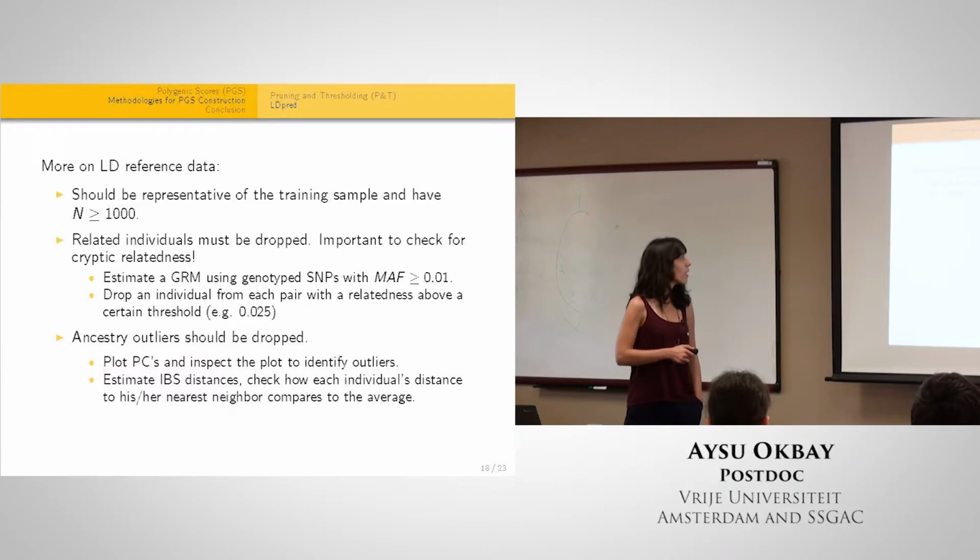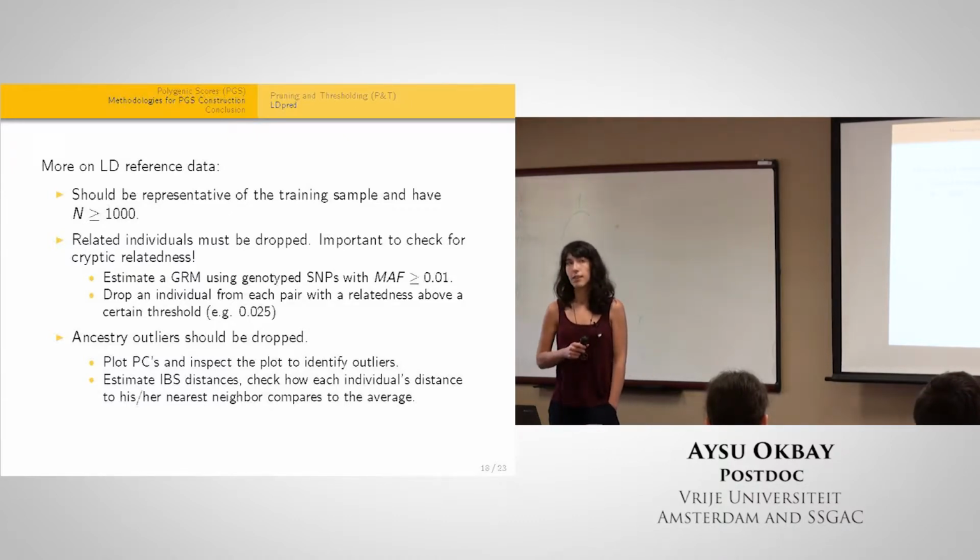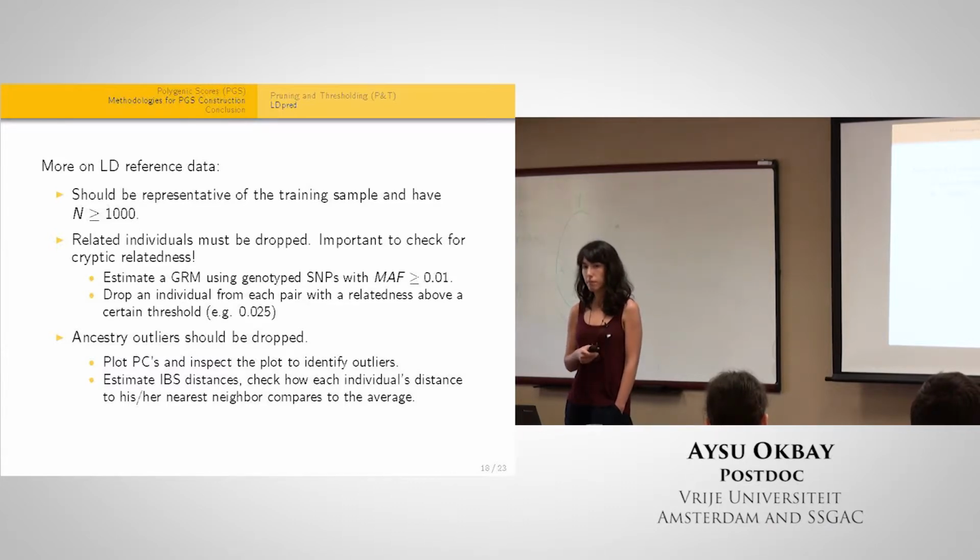Okay, so more on LD reference data. The LD reference data should be very representative of your discovery sample. That's the whole point of it. So if your discovery sample is European, you have to have European LD reference data. I don't know how sensitive it is to minor differences.